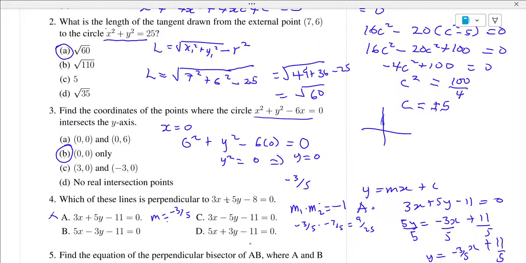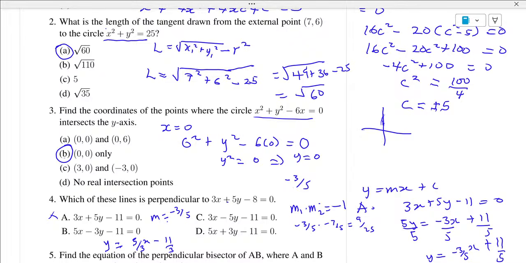Then we look at B. So for B, we are saying that 5x minus 3y minus 11 equal to 0. So in our case, what will be our gradient? Our gradient is going to be, so you take this one across and then we have y equal to 5 over 3x minus 11 on 3.